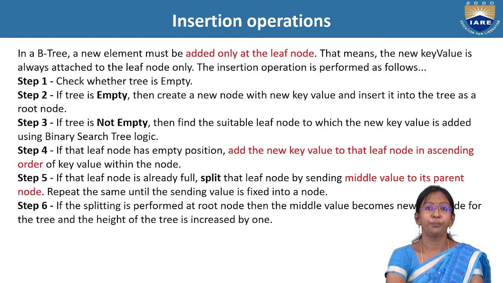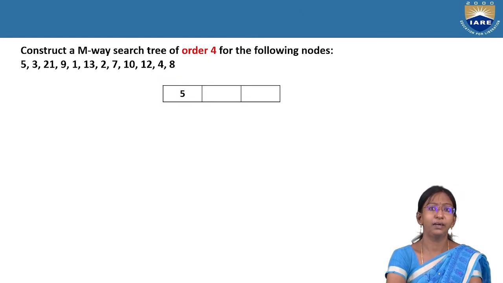Okay, so have a look at how to construct this one. This is a random list of elements I have taken. So 5 it is, and please remember this point: all the leaves must be at the same level, and the keys within a node must be in ascending order. Next, 3.